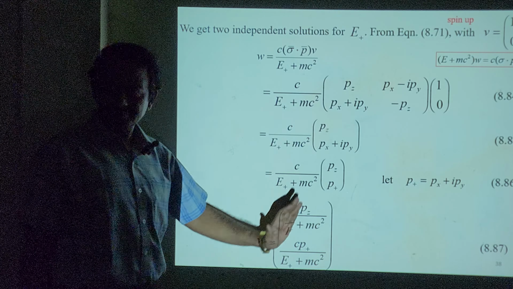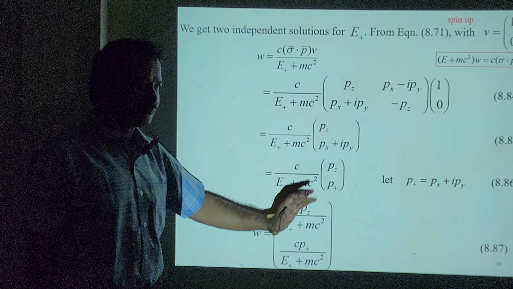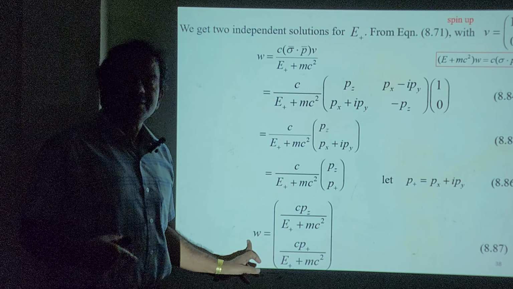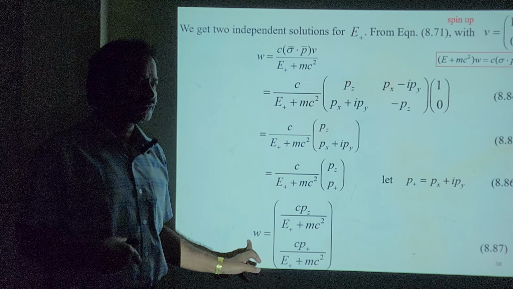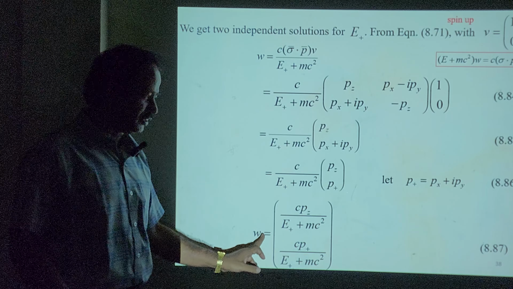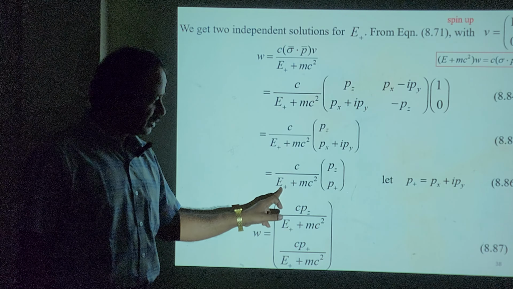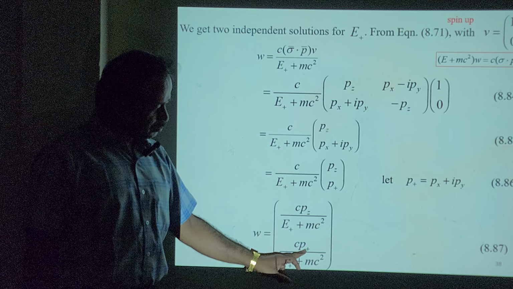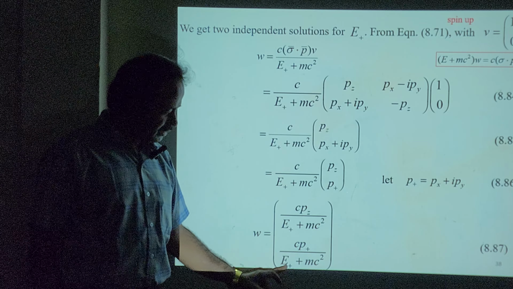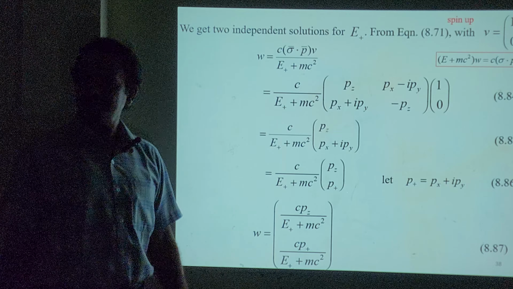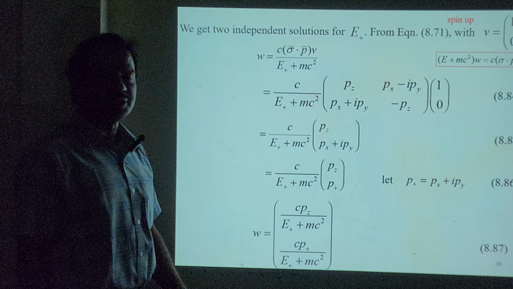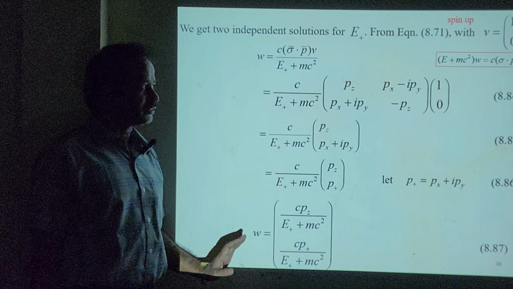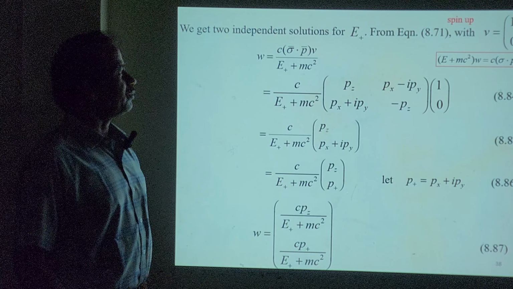You multiply with this number into a matrix column, and you will have W. So one of the components has been found out. W equals Cp divided by E plus mc square, times Pz, P plus. Very simple one. So we have found one wave function. Is it okay? Simple one.